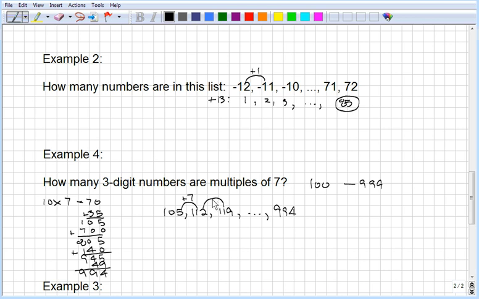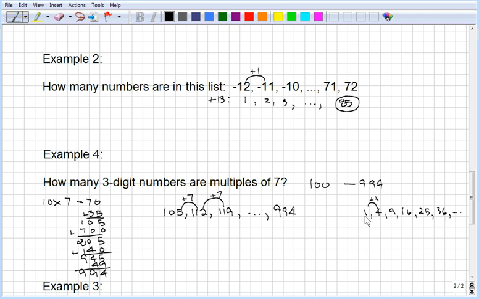And you can't just look at the first gap, because some lists, for example, if I had a list of 1, 4, 9, 16, 25, 36, and so on. Now you can see the first gap is 3, the next gap is 5. So the gaps aren't even.